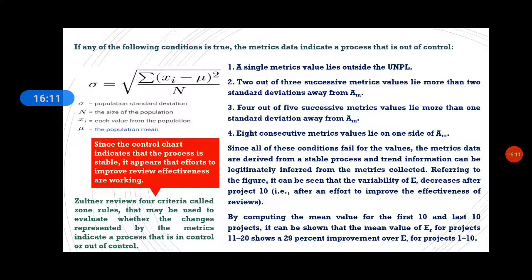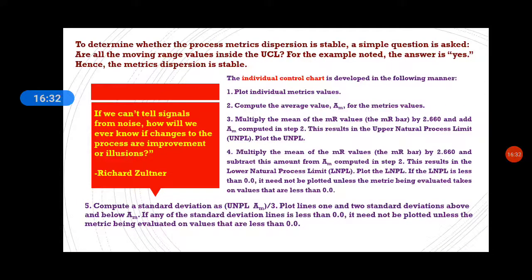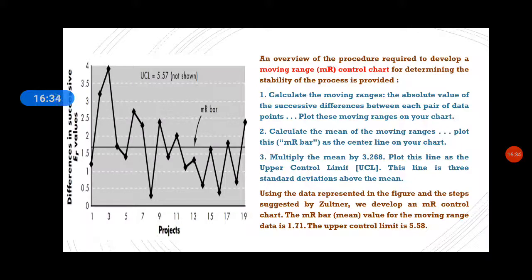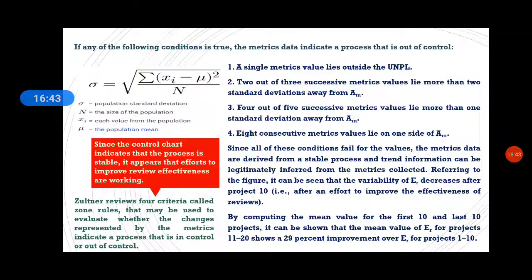Referring to the figure, it can be seen that the variability of ER decreases after project 10, that is, after an effort to improve the effectiveness of reviews. In project 10, from the diagram you can observe it decreased to the MR bar from above the line of the metric data.